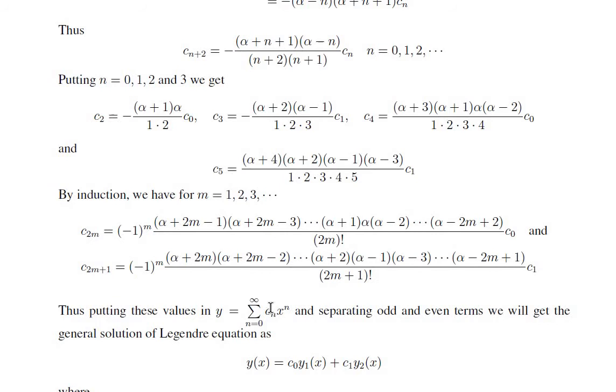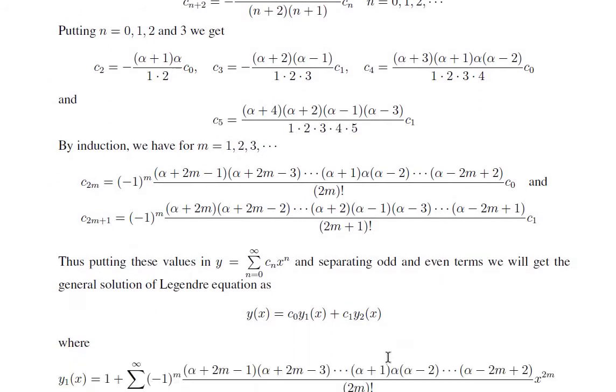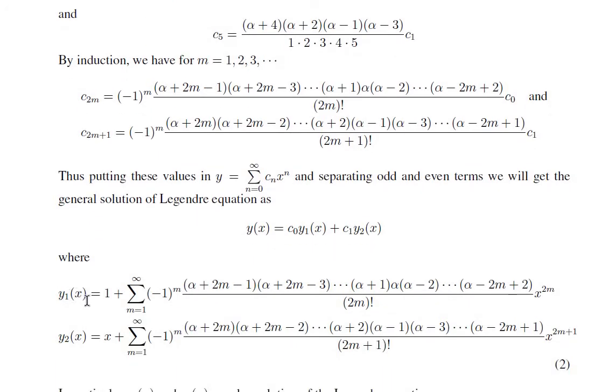So if we put this and take the common c0, it will be c0 into y1 and c1 into y2, where in y1 the even terms will be there, in y2 the odd terms will be there. Obviously summation will be there. So y1 will be, as we have taken common c0, 1 plus x into this term, and here it will be x plus this term.